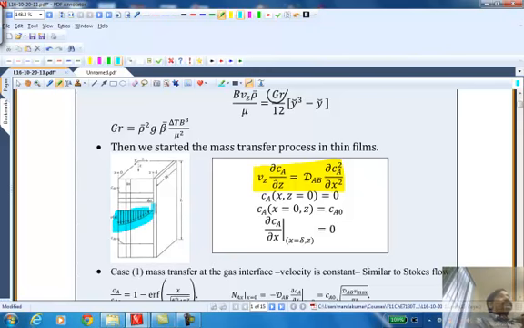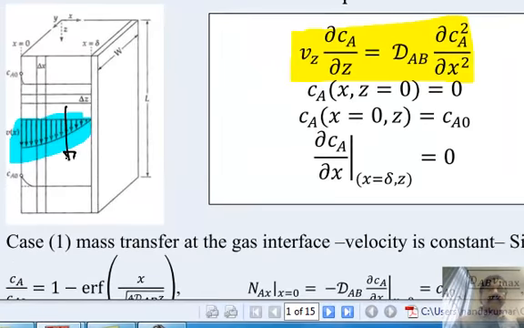So the velocity is not a constant, but has a parabolic profile for a falling film. And the coupling is from the fluid mechanics to mass transfer, meaning fluid mechanics affects the mass transfer, but not the other way. And so it's a balance between the convection in the downward direction versus the diffusion in the perpendicular direction. And that is what the equation captures.